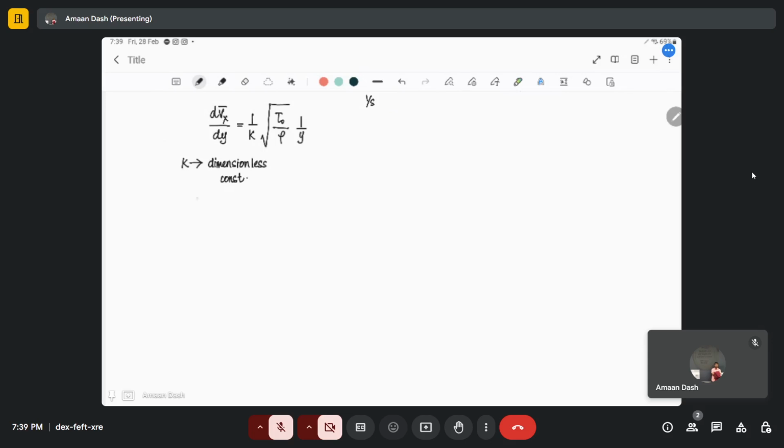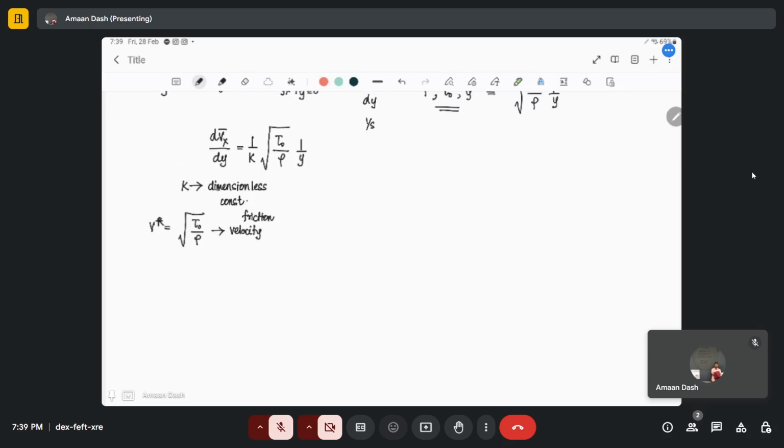This square root of tau 0 by rho has the dimension of a velocity. If we check, it will have a dimension of velocity, and therefore it is also called the friction velocity, and is given a special symbol called v star.